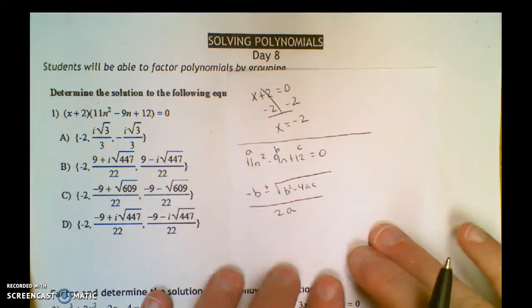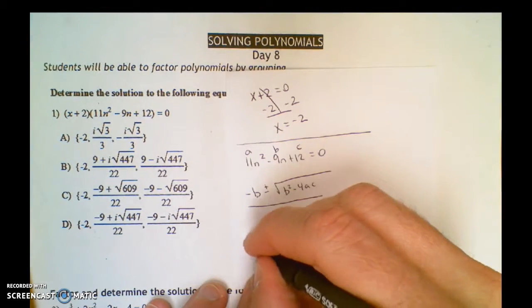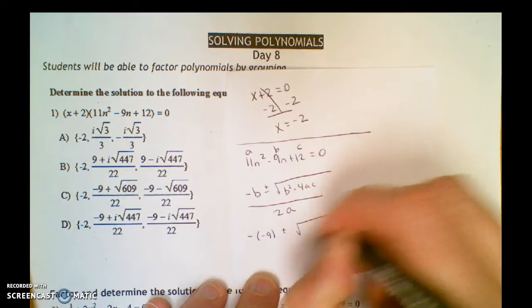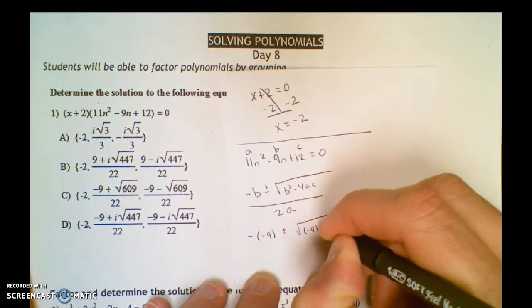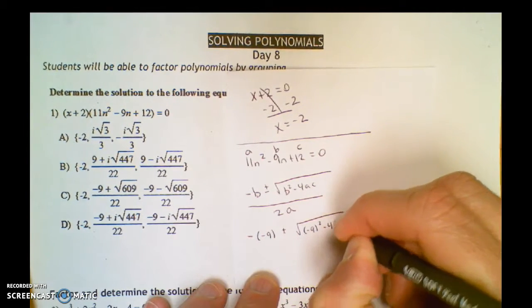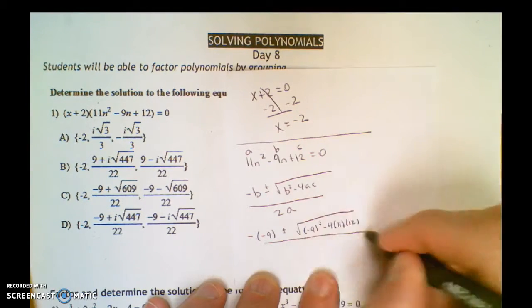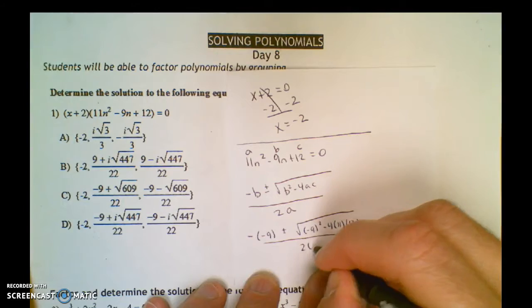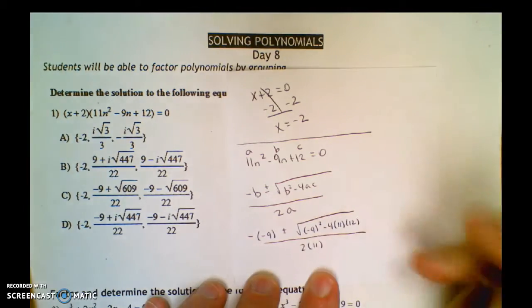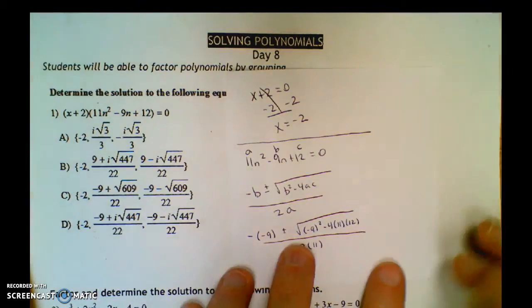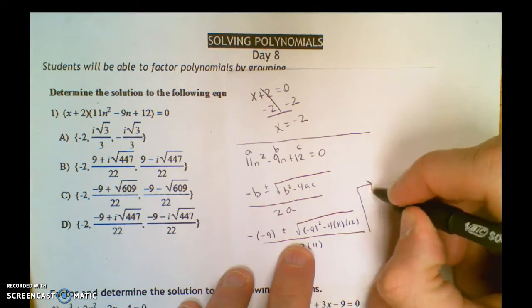So plugging those values in, I get the opposite of -9 plus or minus the square root of -9 squared minus 4 times 11 times 12, all over 2 times 11. Opposite of -9 is positive 9, so I can bring that up here.